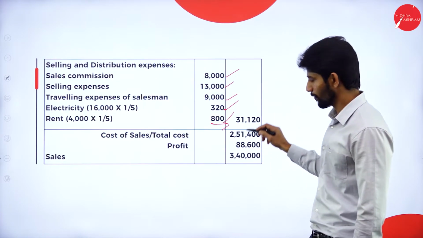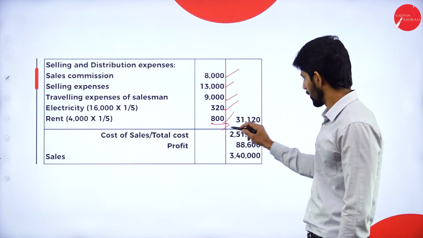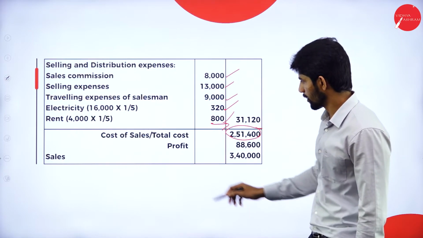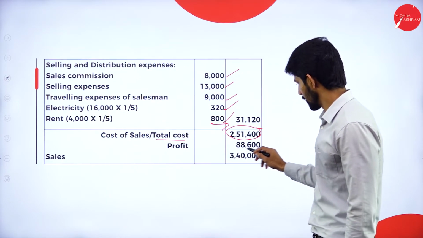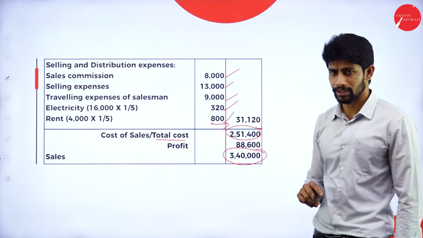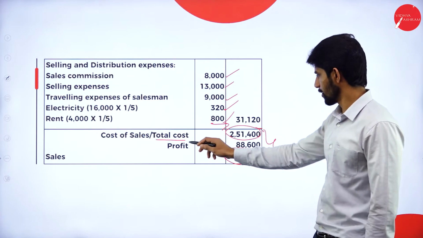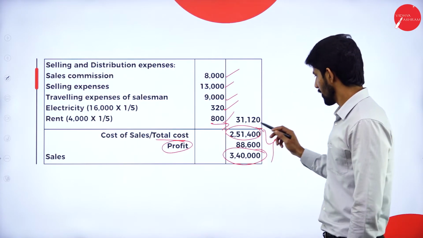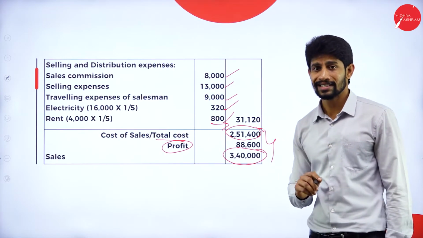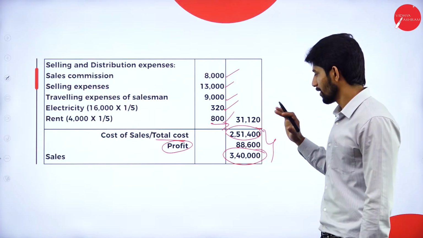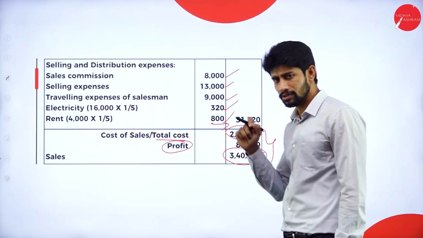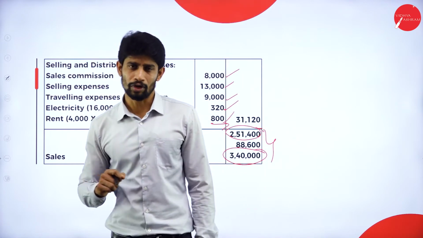So add that value with 2,20,200, you will get 2,51,400. That is called total cost, and sales is given 3,40,000. So the difference between the total cost and the sales is called profit, that is 88,600. So this is how you are supposed to solve the problem.